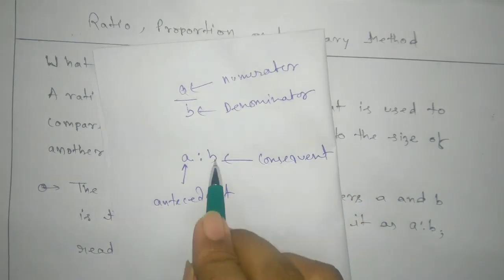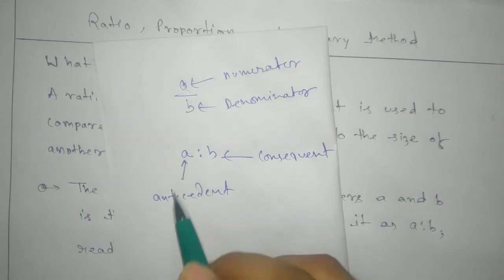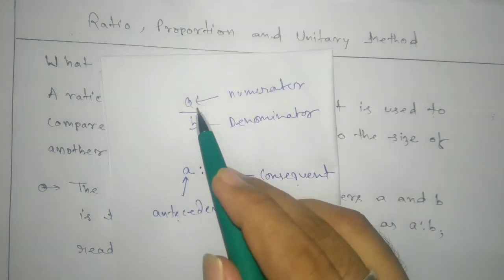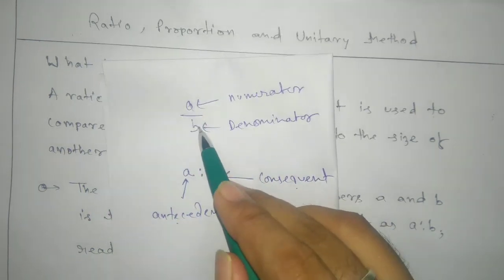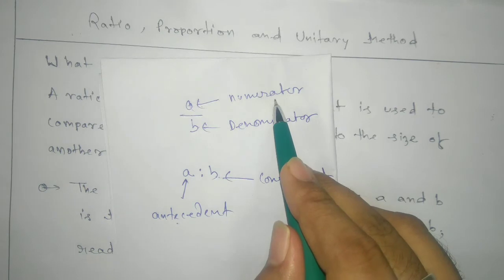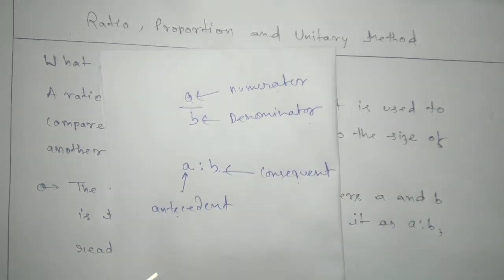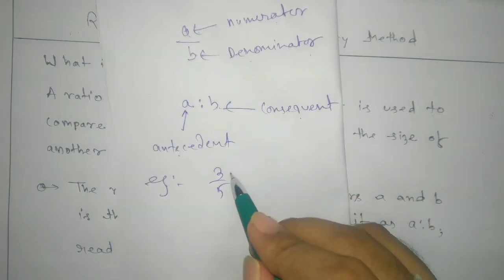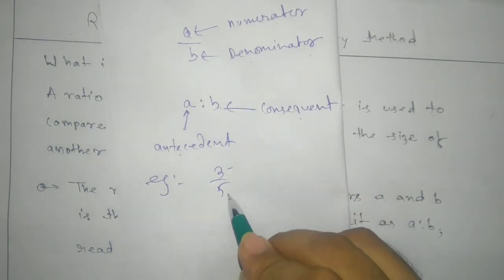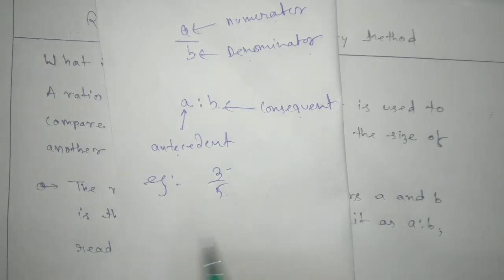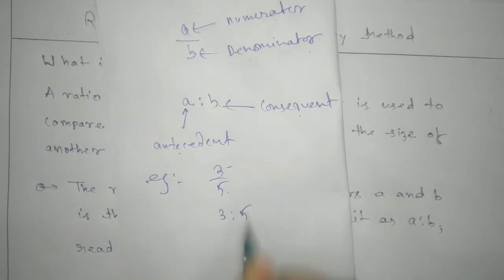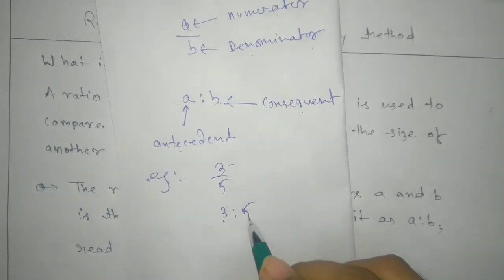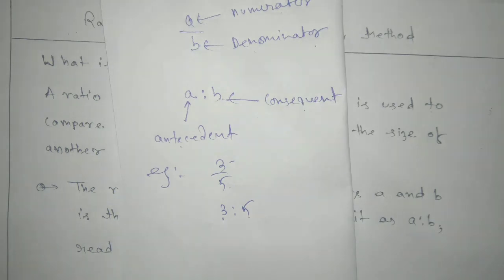For example, if we write 3 by 5, then 3 is your numerator and 5 is your denominator. And if we write 3 is to 5, then 3 is your antecedent and 5 is your consequent.